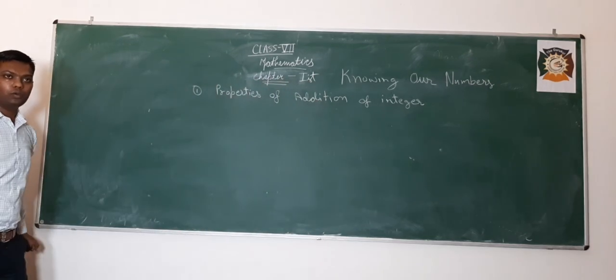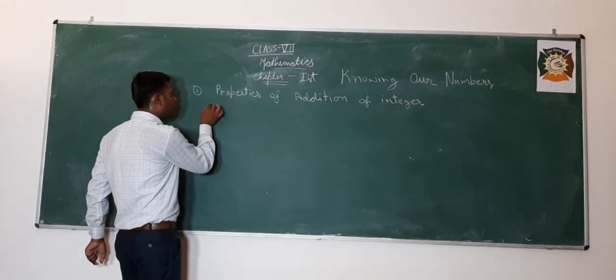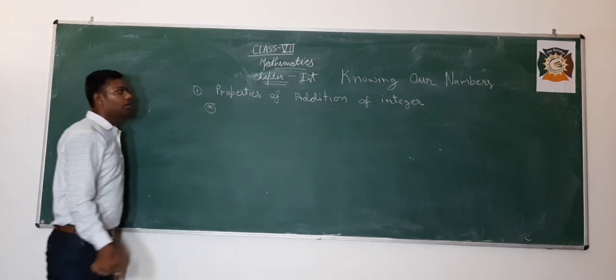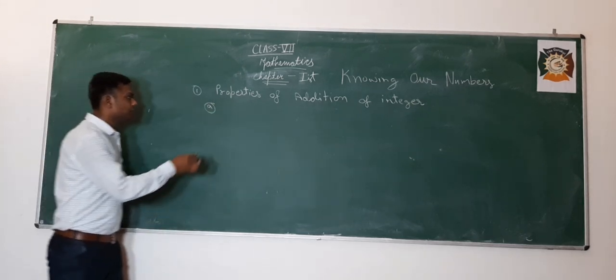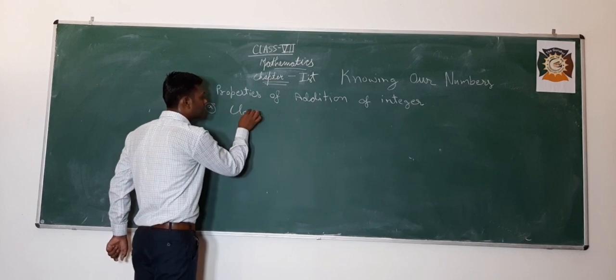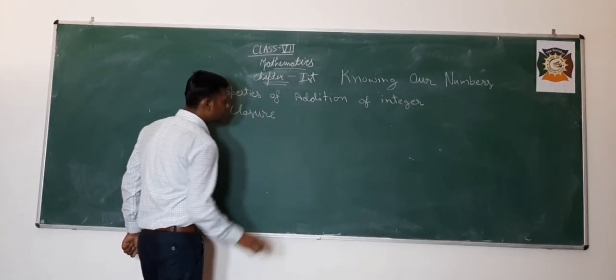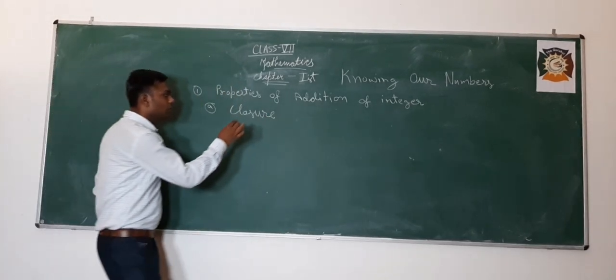We have 5 properties of addition of integers. First one is closure. In the closure property, as mentioned in the name closed, everything is in the closed set.